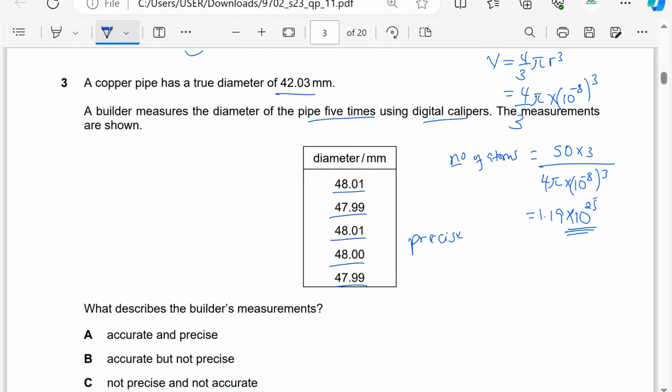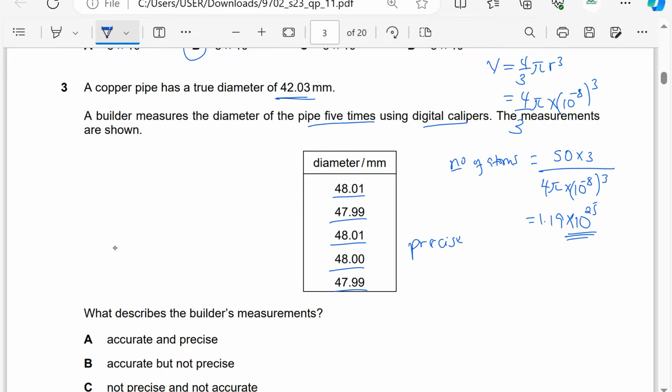But remember, we expect that the diameter is 42.03, and you notice that the average of all these values is far from that value. The average of all these values is not very close to this value, so it means they are not accurate.